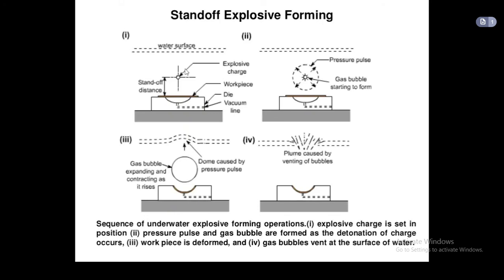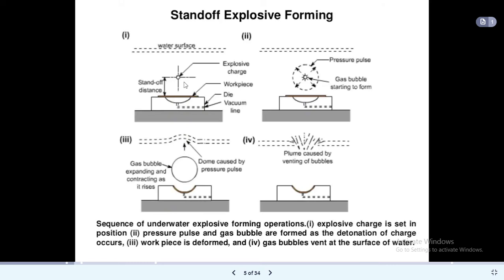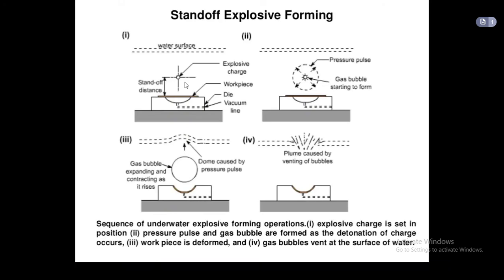It also depends on the energy that the charge contains. If we use a highly explosive material, then the charge amount is less. If we use a less explosive material, the amount of charge will be high. So all these factors should be considered while selecting the amount of charge. Okay.